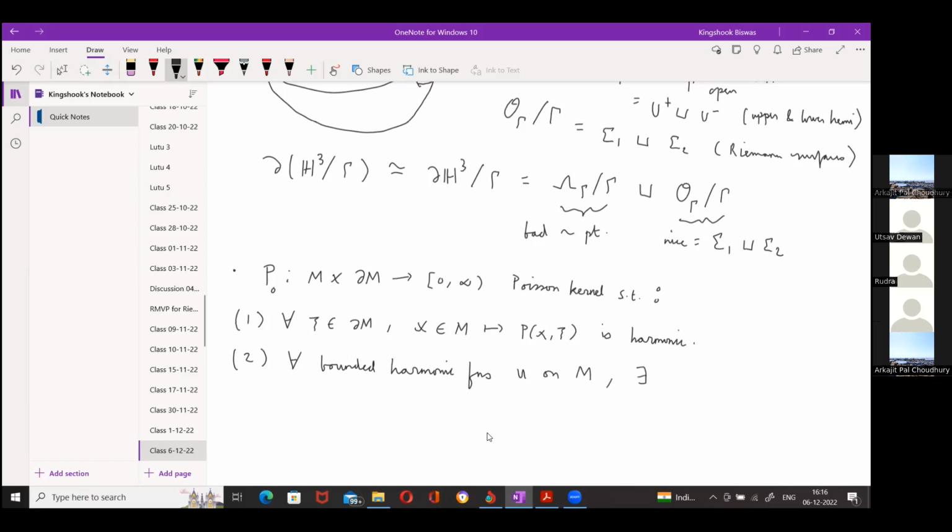For any bounded harmonic function U on M, there exists a phi in L infinity of boundary M such that U of x is equal to the integral over boundary M of phi of xi, P0 of x, xi, d mu naught of xi. So this is for bounded harmonic functions.